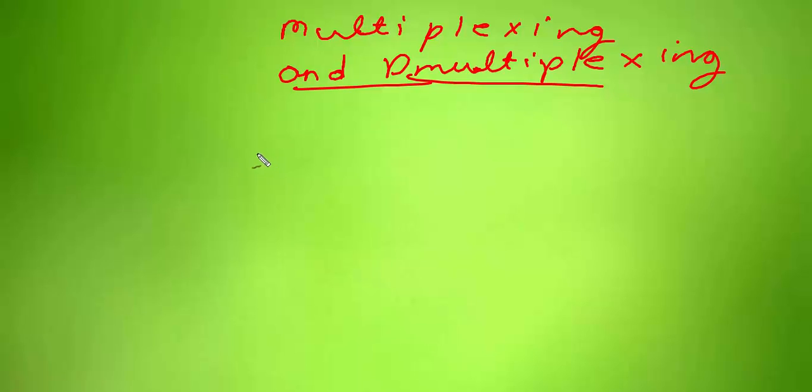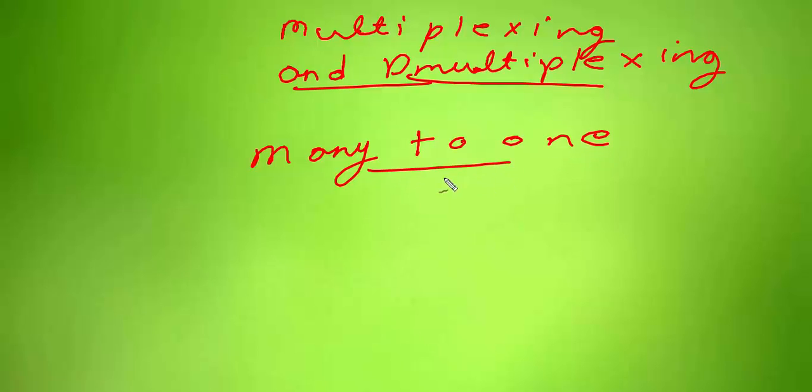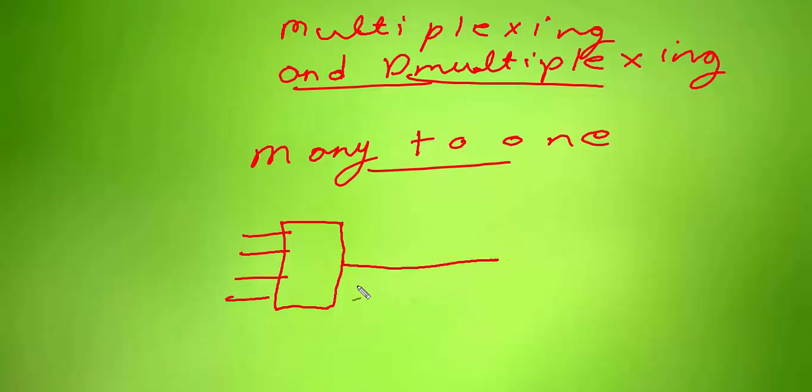So that is many to one. And whenever an entity delivers items to more than one destination, this is referred to as demultiplexing.